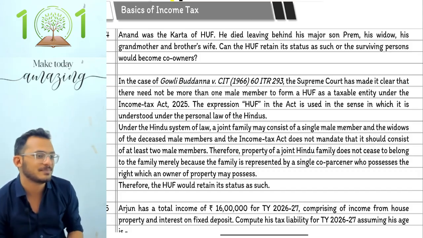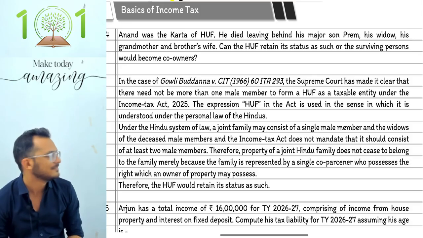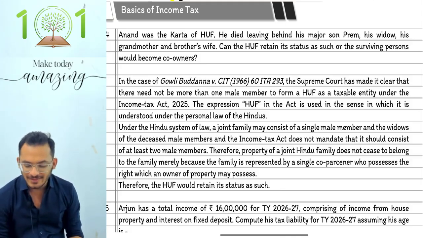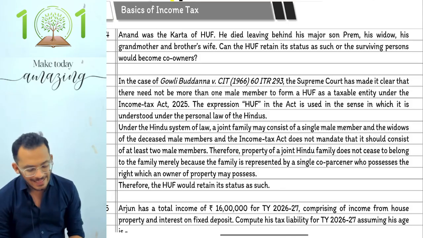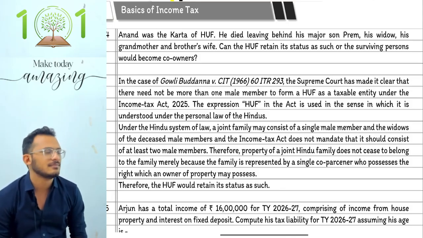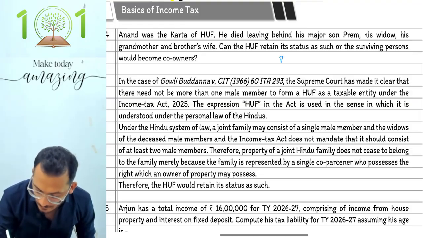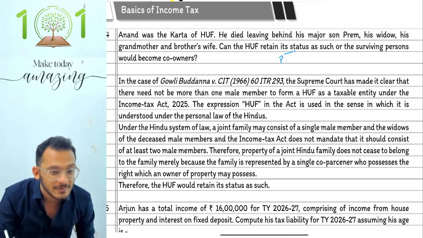The question which you asked. The question says Anand was the Karta of HUF. He died leaving behind his major son Prem, his widow, his grandmother and brother's wife. Once again, Prem, then Prem's mother.